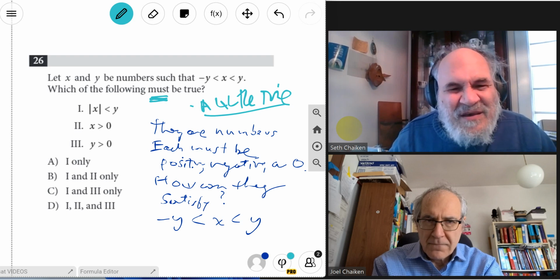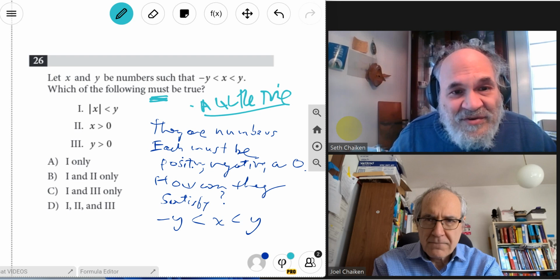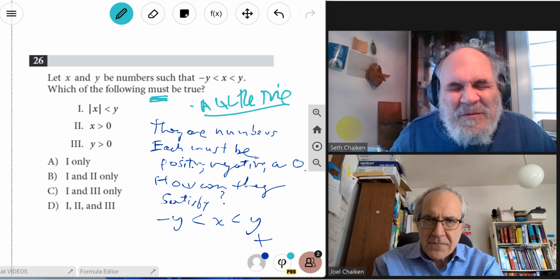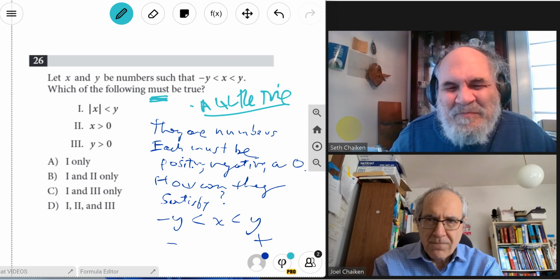So it has to be that y is positive. They can't both be zero, because if one of them is zero, then the other one will be zero. So y must be positive, minus y must be negative, and x is strictly between them.